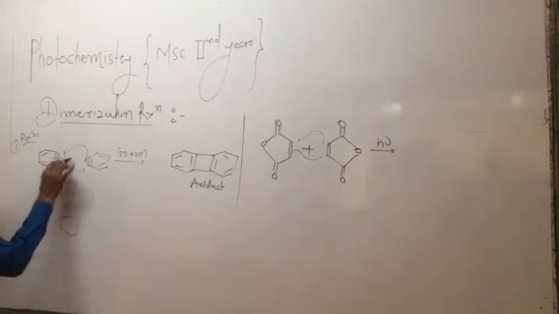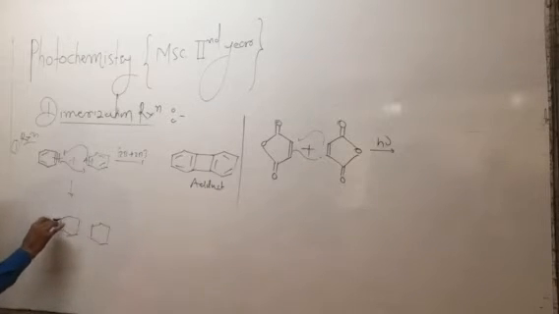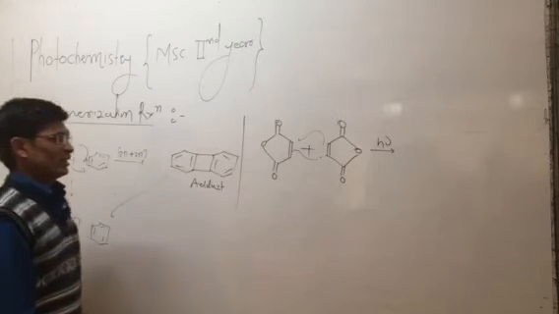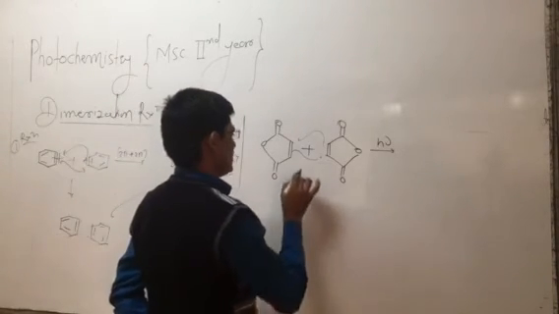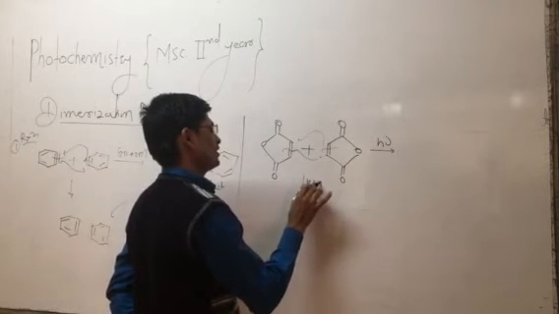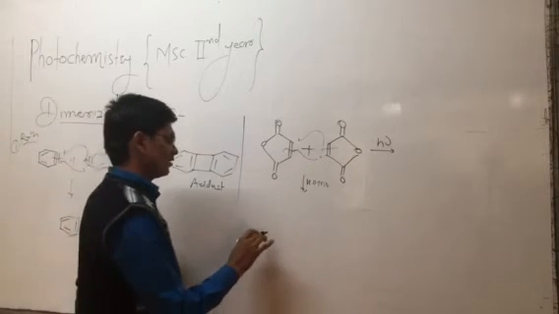These two radical species are combined, and there is generation of this type of compound. The same phenomenon takes place here. These two pi bonds are broken homolytically, and there is formation of radical species.